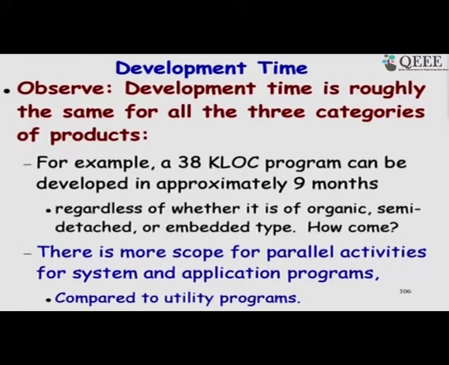COCOMO 1 was developed in 1981, 35 years back, and that time all the development used waterfall model, and also the development was in languages such as C, Fortran, etc. So, the question of agile model did not exist that time, and there is no way we can give input.